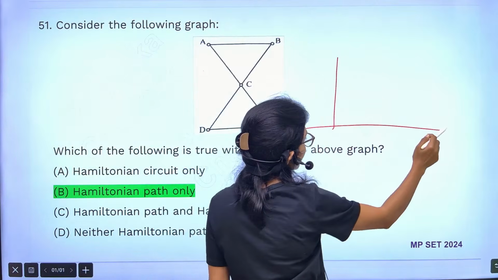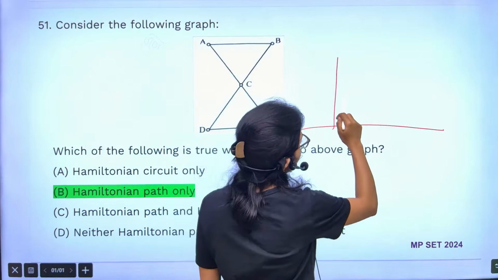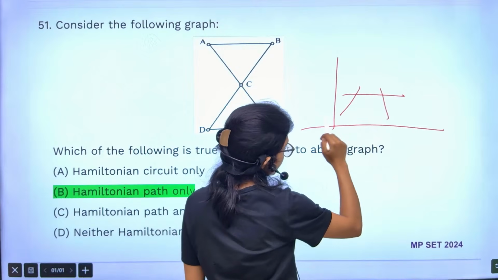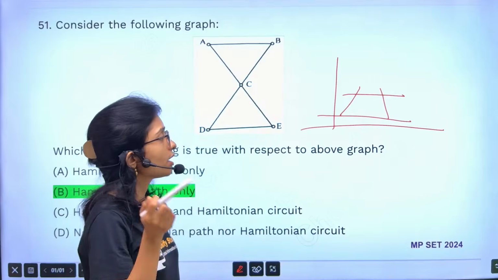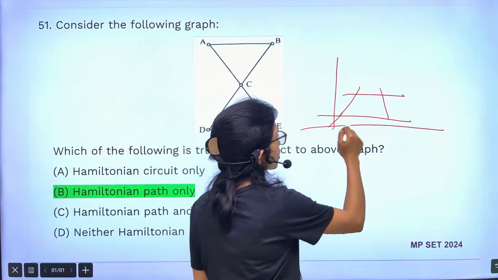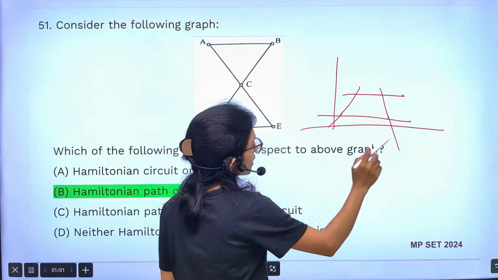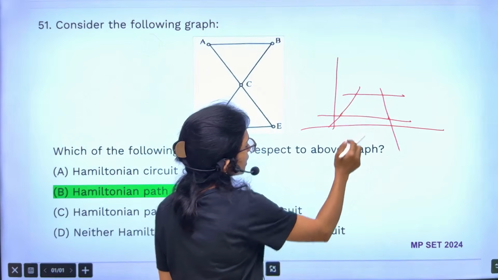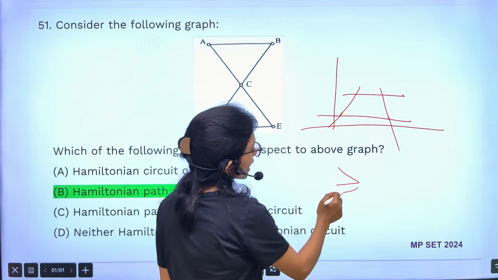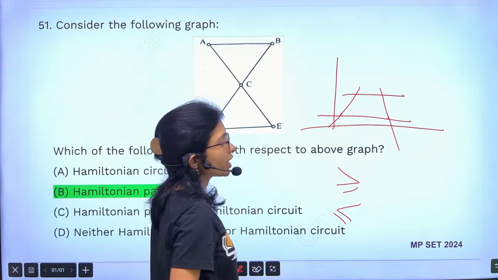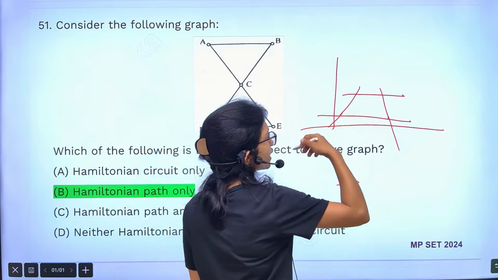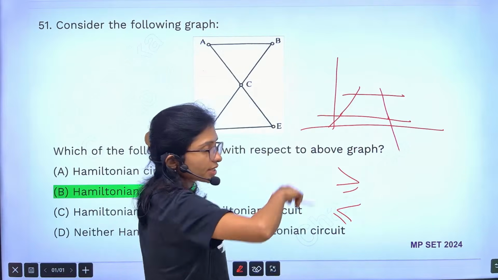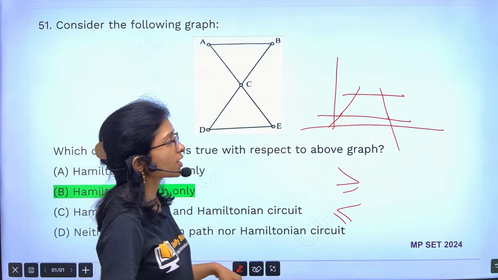Here, if it is a graph, and some equations are given to you, you draw the lines from the equations. If it is greater than or equal to, there is a constraint: if it is greater than or equal to, the arrow goes opposite to the origin. If it is less than or equal to, then it is towards the origin.